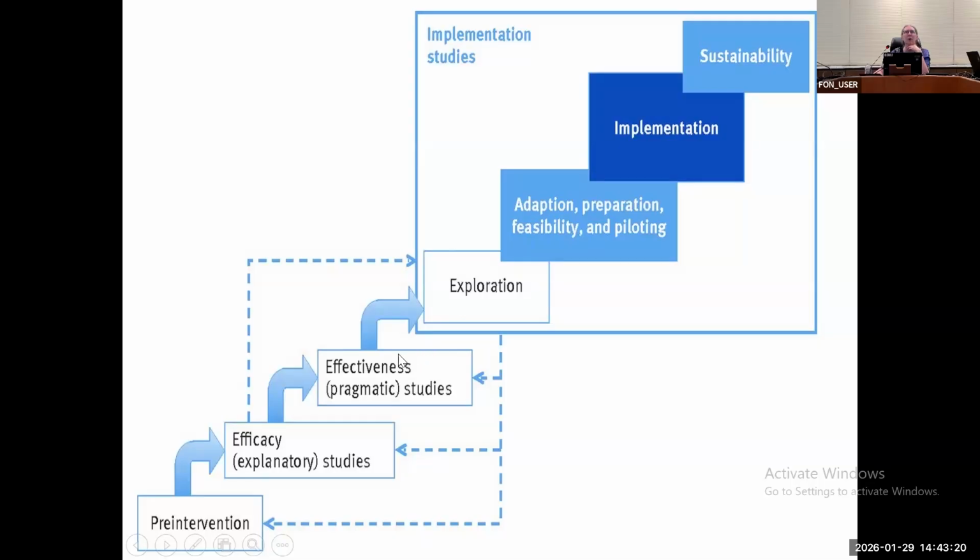And so we're going to talk a little bit more about pragmatic clinical trials, and my argument is, what we want to do as nurses is we want evidence-based practice, which is pragmatic clinical trials, and then we also want implementation studies. We want to implement interventions that work in real-world clinical practice, and that's implementation studies.